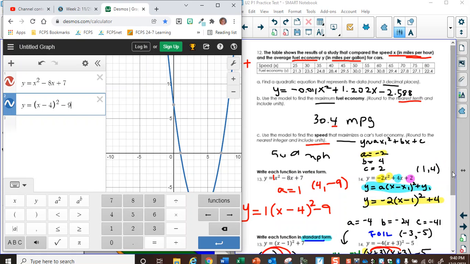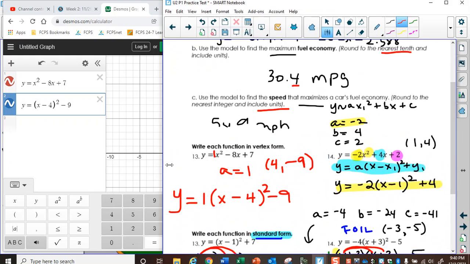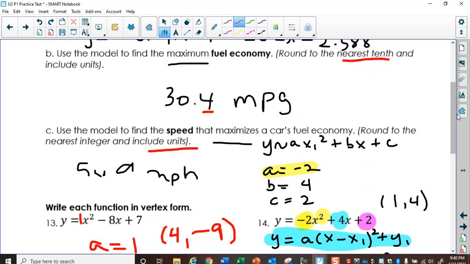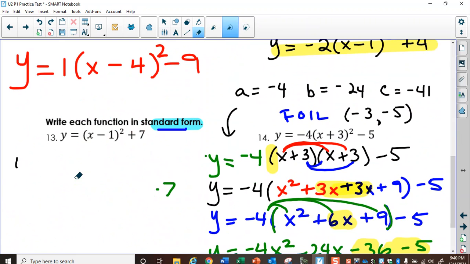All right, and so now coming down here, we're going to write this in standard form. No need for the calculator. We're just going to do some foiling. All right, so let me erase this. All right, I'm going to write this in standard form. That's vertex form, and so I'm going to write it in standard form.